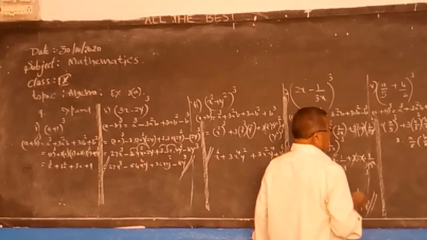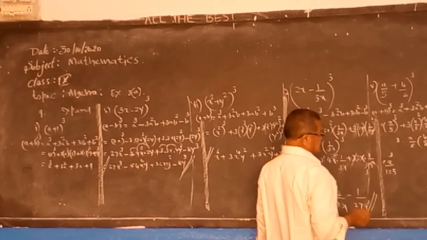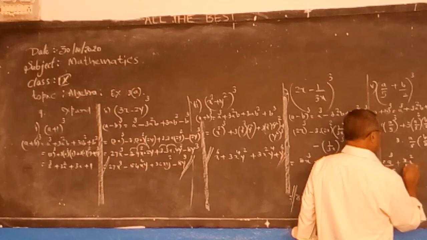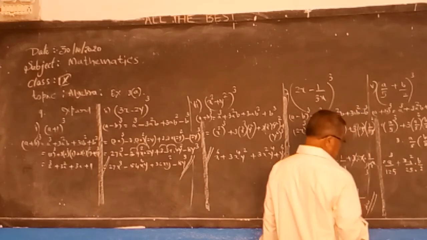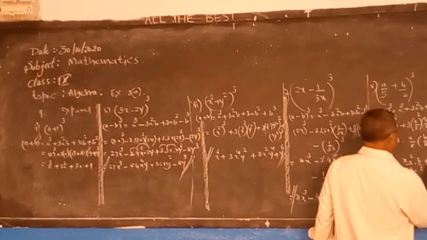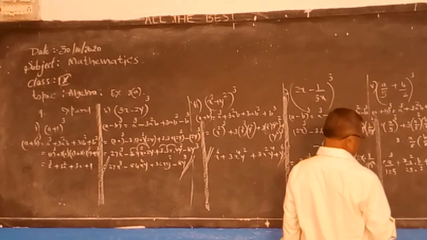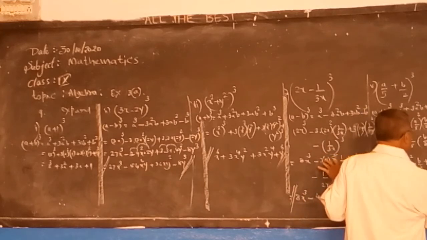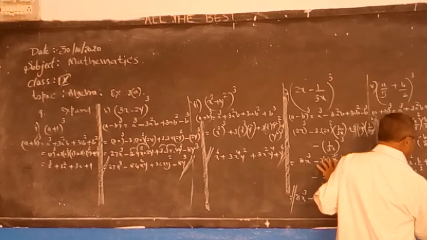So a cube by 125, 5 cube, and this is plus 3 into a squared by 25 into b by 2, plus 3 into b squared by 4 into a by 5, plus b cube by 8.